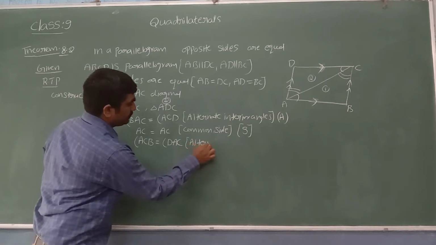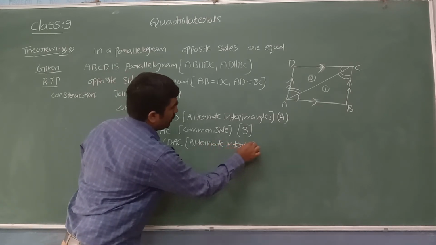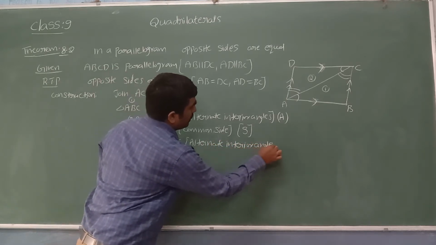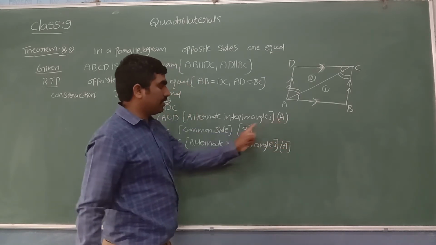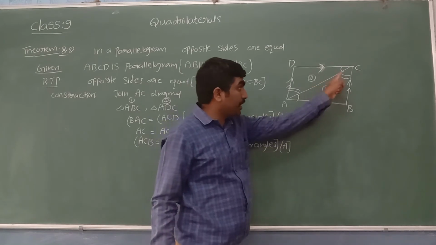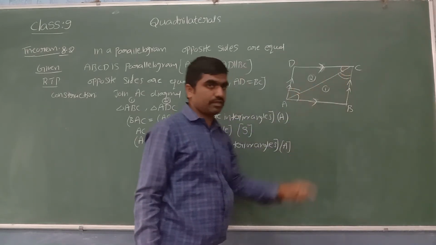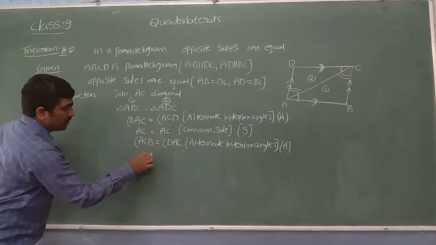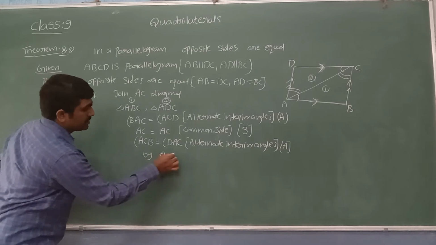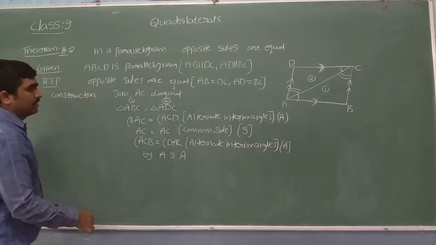They are also alternate interior angles. One more angle here. Yes, angle, side, angle. The side must be included. See, the side is included between those two angles. Now it is enough to say that they are congruent by which condition? By angle, side, angle. The side is included between those two angles.